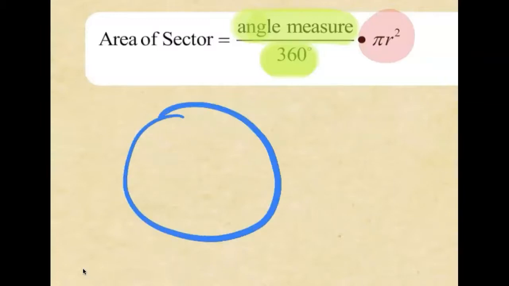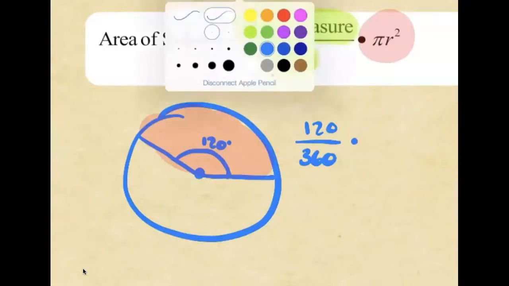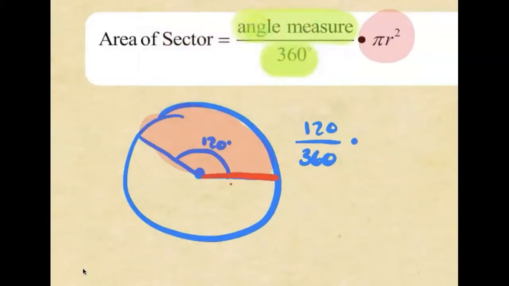So if we had a circle, and we had, let's say, a bigger piece of pizza. Let's say that that was 120 degrees, and we were trying to find the area of that sector. It's not the whole circle. It's 120 to 360. And then if you knew the radius was, let's say, 4 centimeters, you would then say pi r squared.